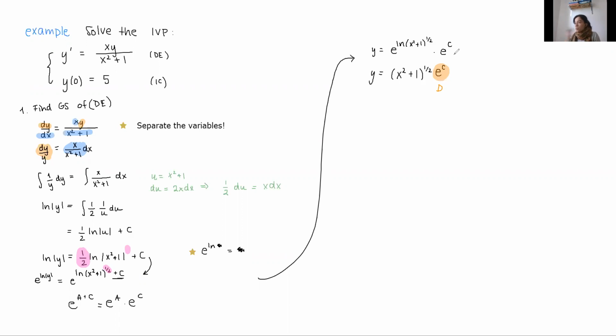We don't know what that number is, so I'm just going to denote it by another letter. And then I'm going to write the power of 1/2 as a square root, just because sometimes it's easier to understand things like that. And so that means that y is equal to some constant d times the square root of x squared plus 1.